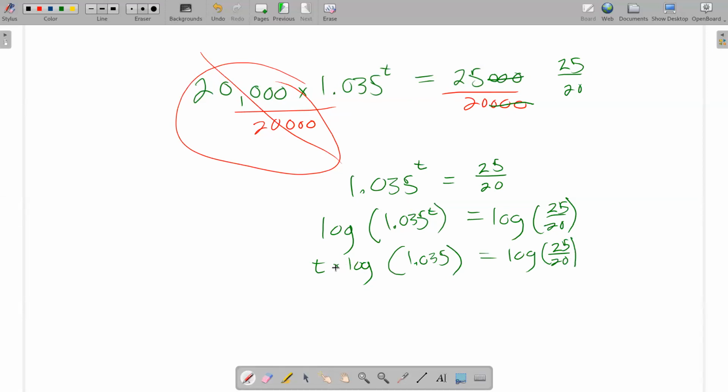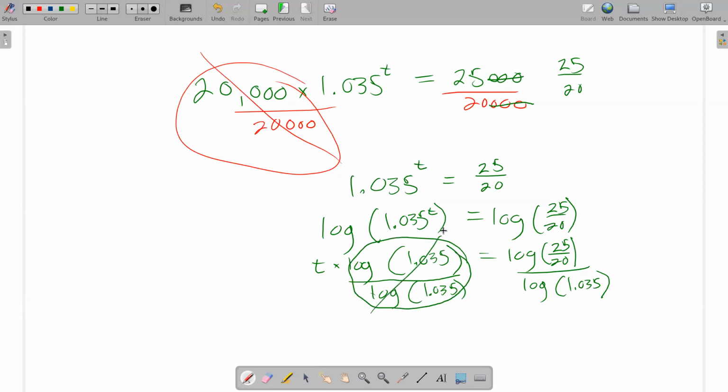T is connected by this multiple, so I divide by it to get rid of it. And hopefully we're getting used to that step. It's something new this week. Now this side right here is a number divided by itself. That's gone, that's a 1. 1 times t is t. The other side, nothing cancels. The logs are stuck. We just have to plug this into a calculator and then check.